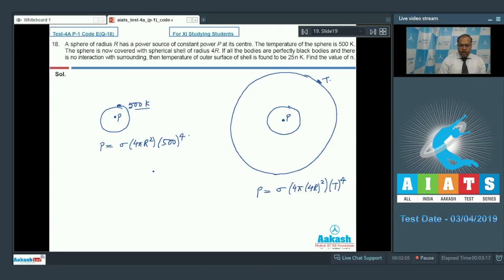If I equate these two equations, then T comes out to be 500 by 2, so this is equal to 250 Kelvin. So on comparison, the value of N comes out to be 10.